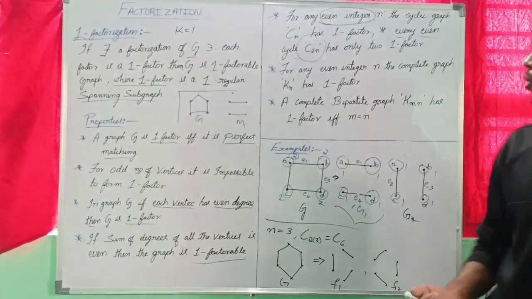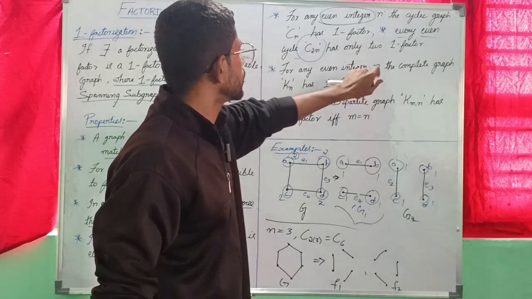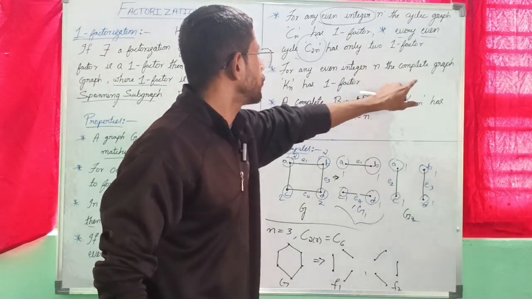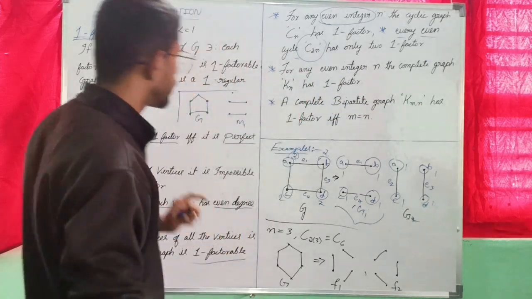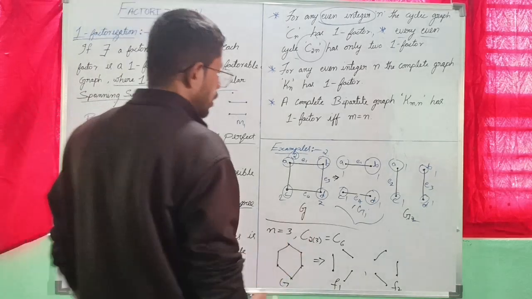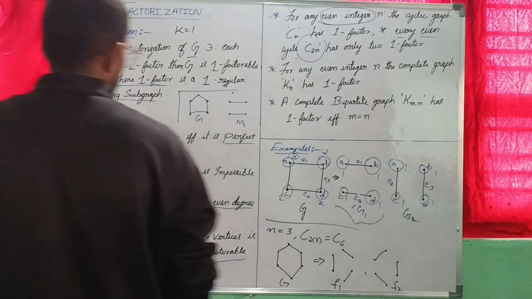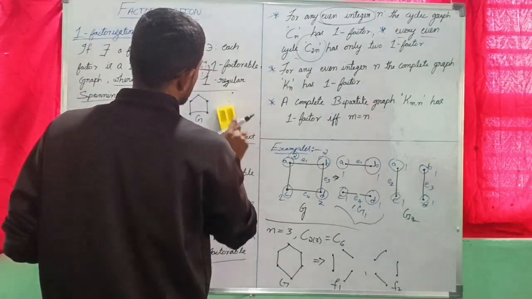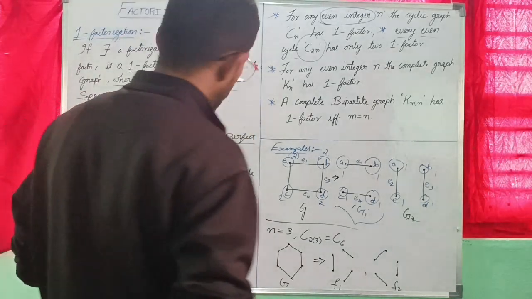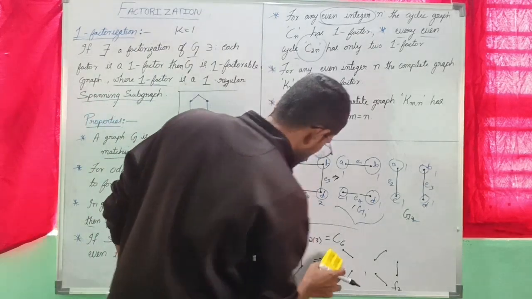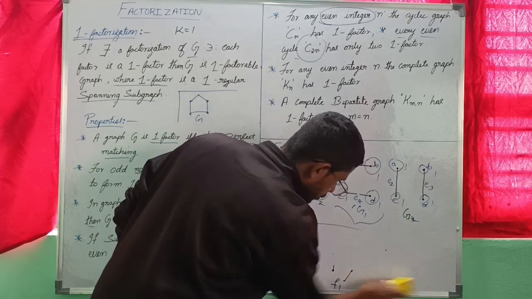The next property is: for any even integer n, the complete graph Kn has one factor. Let us take the example. This space is not enough for the example, so I will draw this.